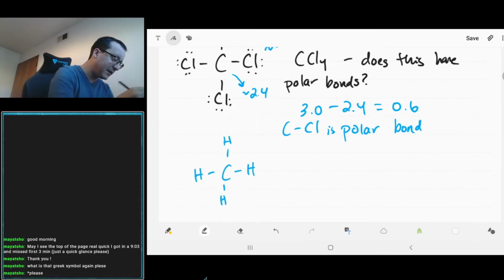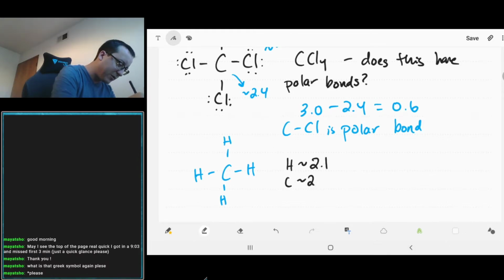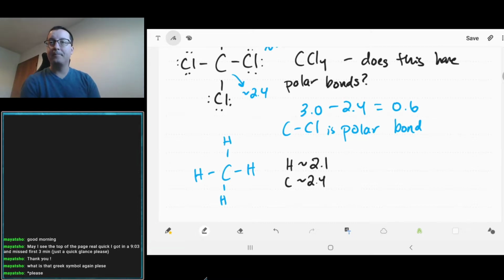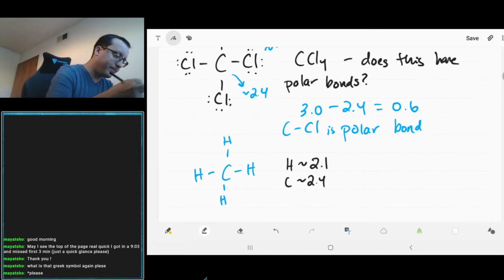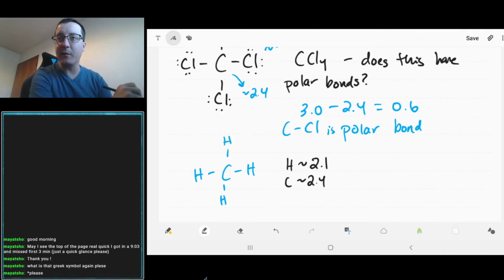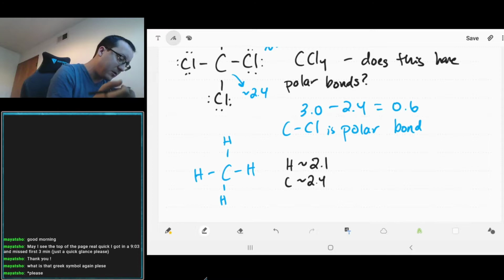Ooh, shame on me, I'm using different colors now. Hydrogen is about 2.1, carbon is about 2.4. These don't have units, by the way. This is kind of just a relative scale, so there's no units that we have to worry about.